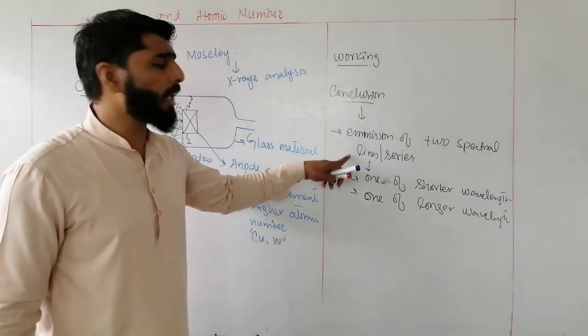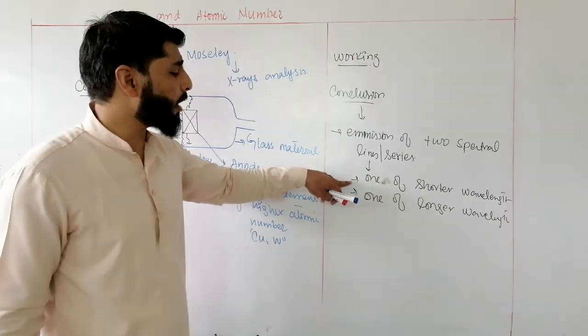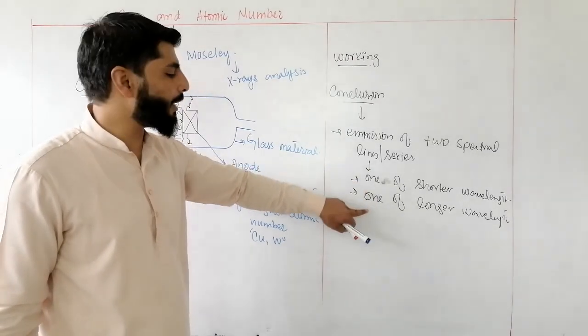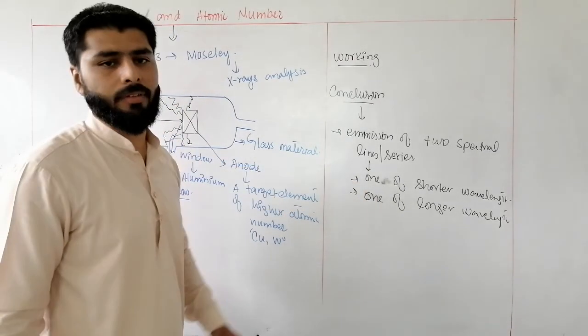Emission of two spectral lines or two spectral series, one of shorter wavelength and the other of longer wavelength.